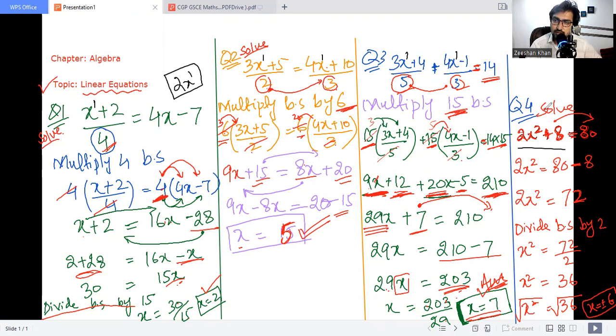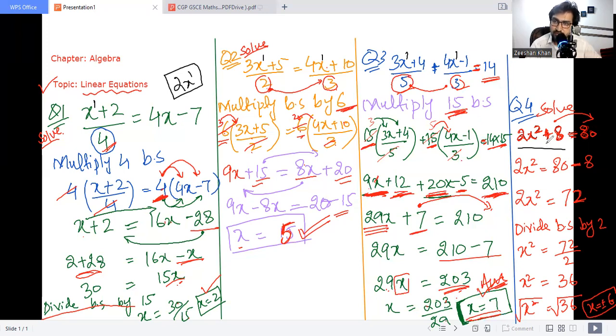Question number 4. This is another question. Now it looks like this is not a linear equation, but we can solve it with the linear equation method. So I have mentioned this equation over here. But there are different quadratic equations which cannot be solved by a simple linear method.